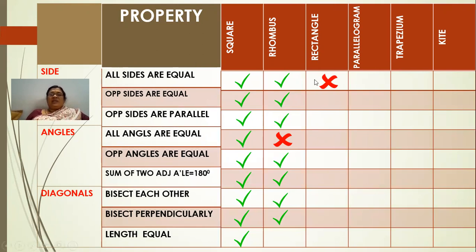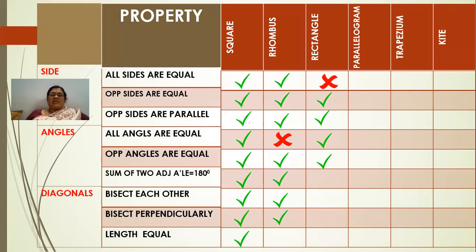Here, regarding the rectangle, in a rectangle, are all sides equal? No, only the opposite sides are equal. Opposite sides are parallel. Are they parallel in a rectangle? Yes, they are parallel. Now about angles. Are the angles in the rectangle equal? Yes. All the angles, opposite angles are equal? Yes, opposite angles are also equal.